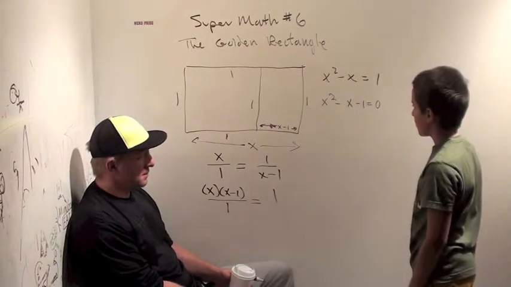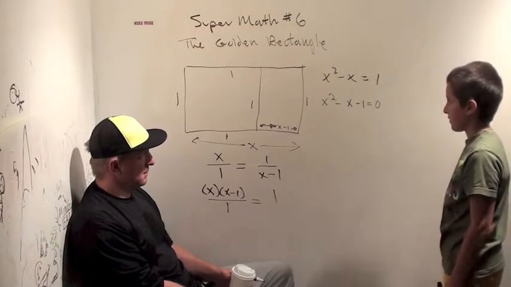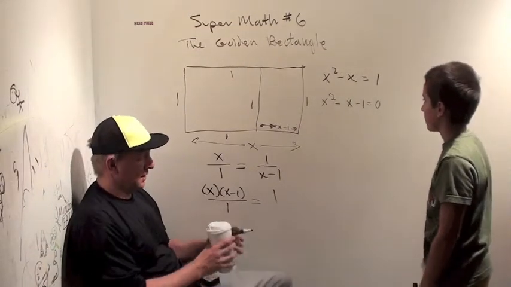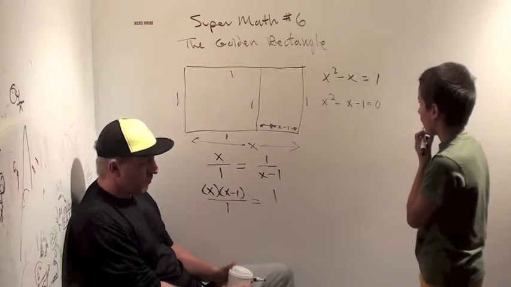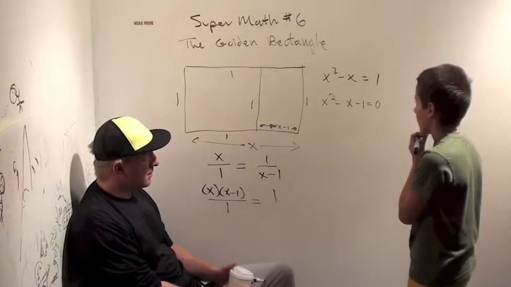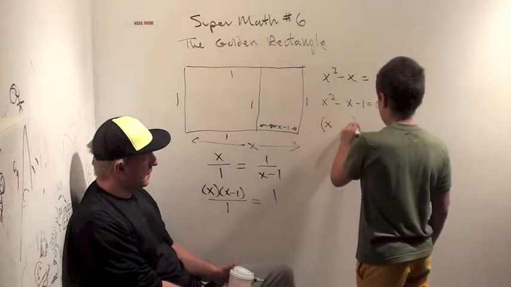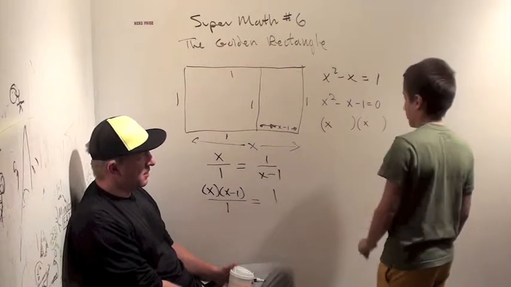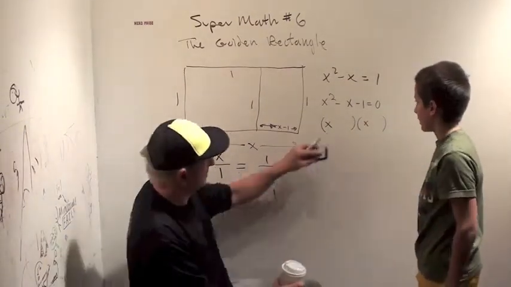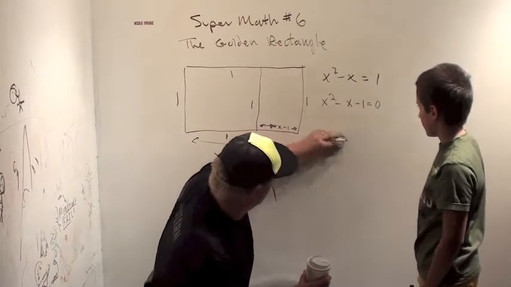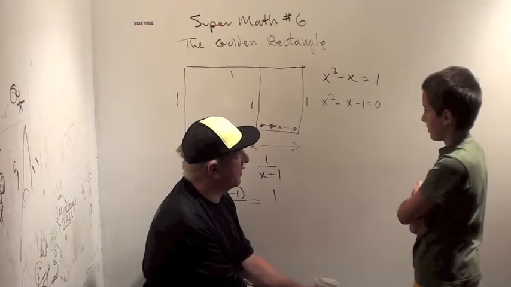So now, x squared minus x minus 1 is 0. What is x going to equal? This one's not going to factor. So what do you do when quadratics can't factor?